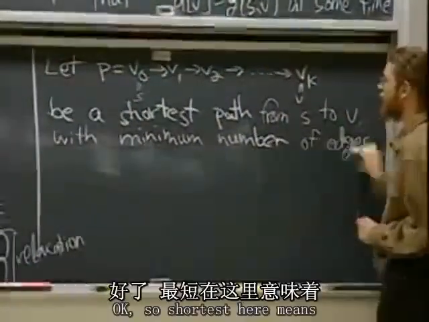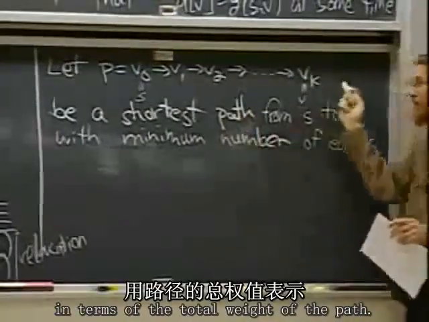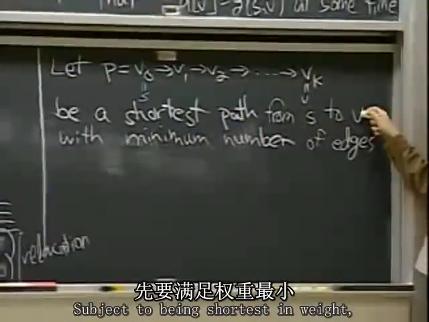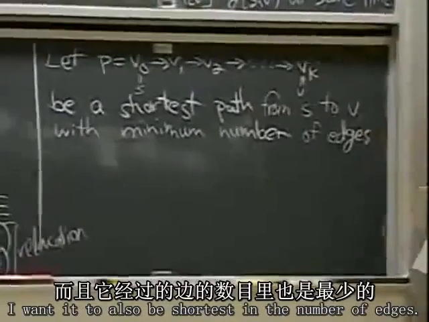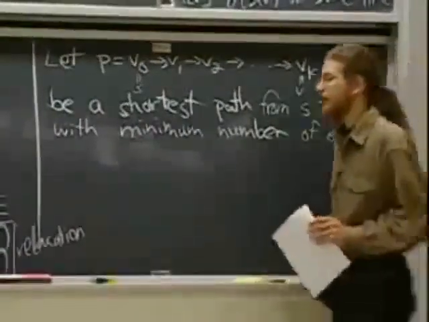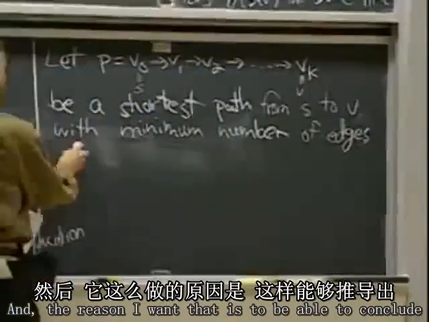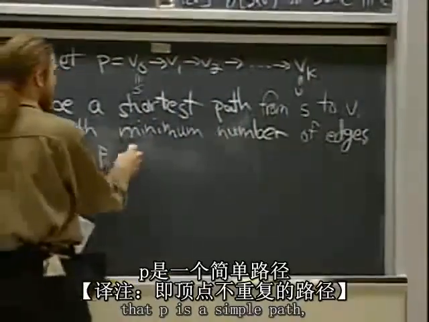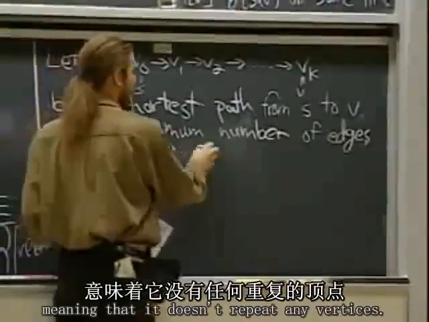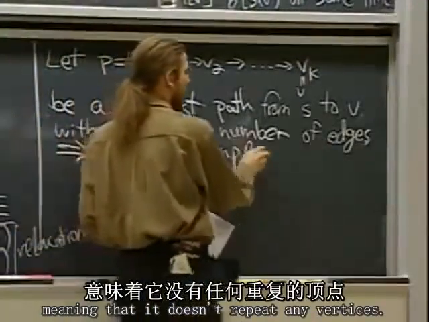Okay, so shortest here means in terms of the total weight of the path. Subject to being shortest in weight, I want it to also be shortest in the number of edges. And the reason I want that is to be able to conclude that P is a simple path, meaning that it doesn't repeat any vertices.